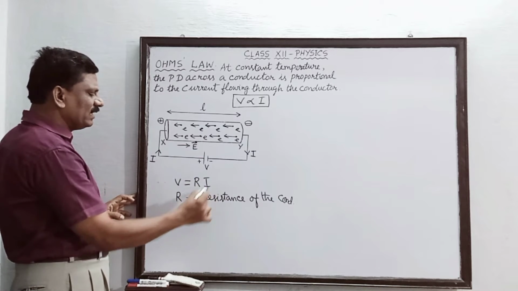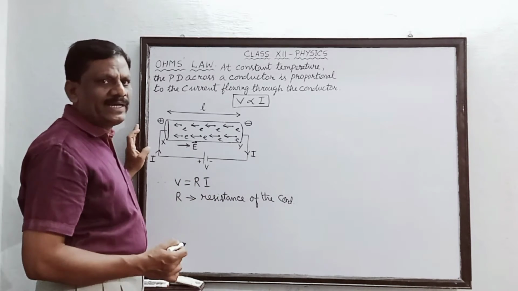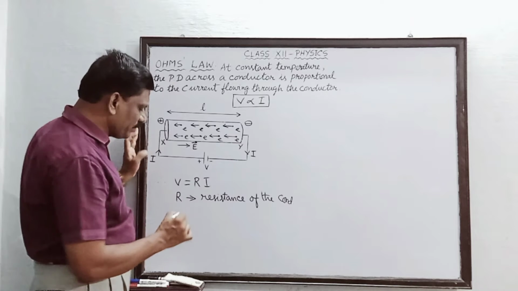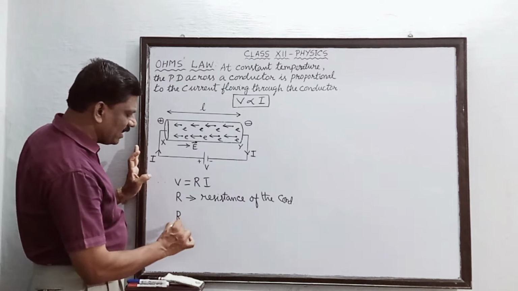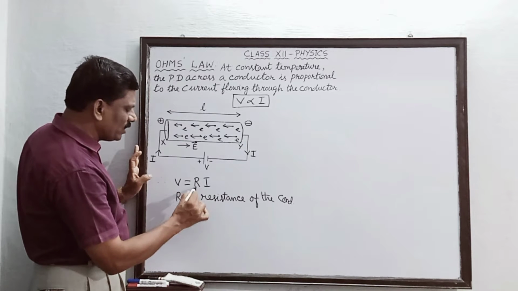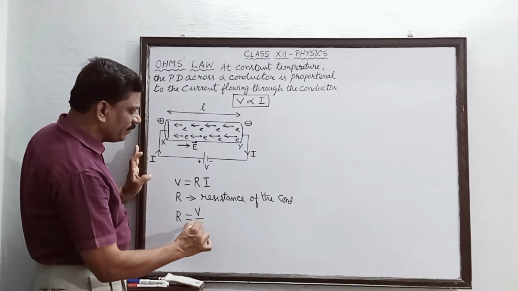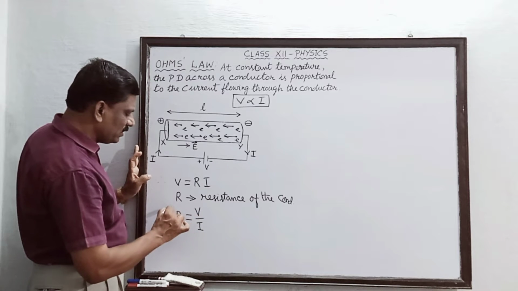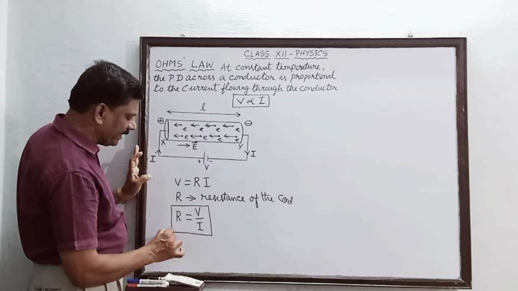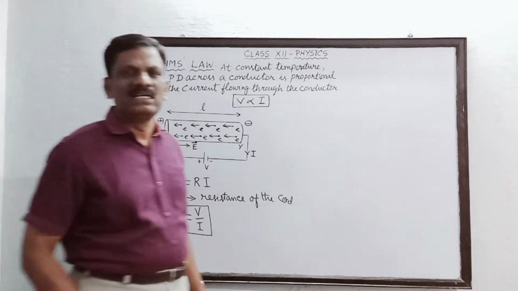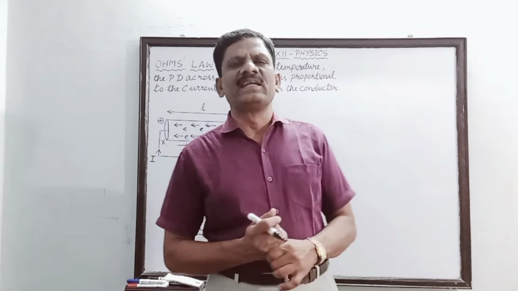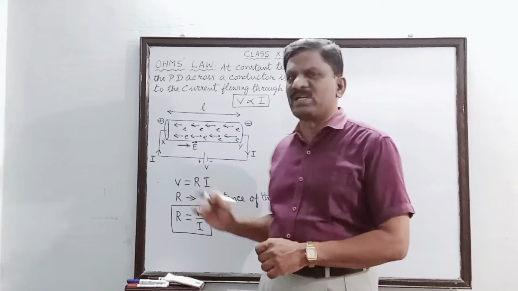So from this expression V equal to R into I, let us try to get an expression for the electrical resistance R. So what is R equal to? V divided by I. So this is the expression for the electrical resistance. So how to define electrical resistance from this expression?